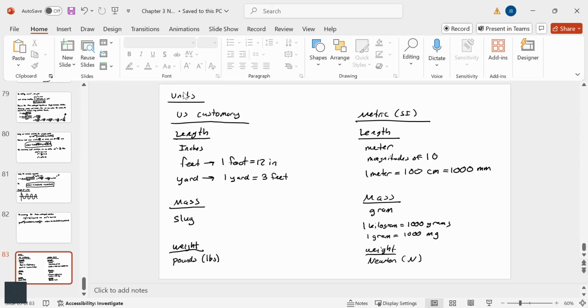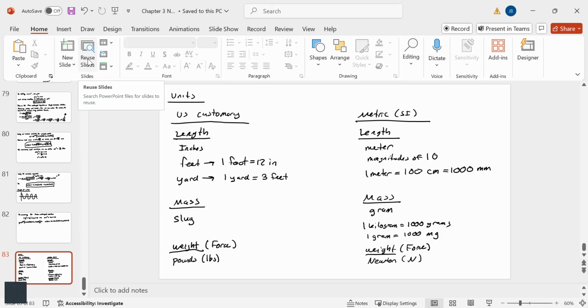And something else that you have to realize is force is a weight. So weight is a force, right? So if we're talking about forces, we're always talking about newtons or pounds. If we're talking about mass, it's a gram or a slug. This is important because you're going to have to do some conversions where you're converting masses into weight.